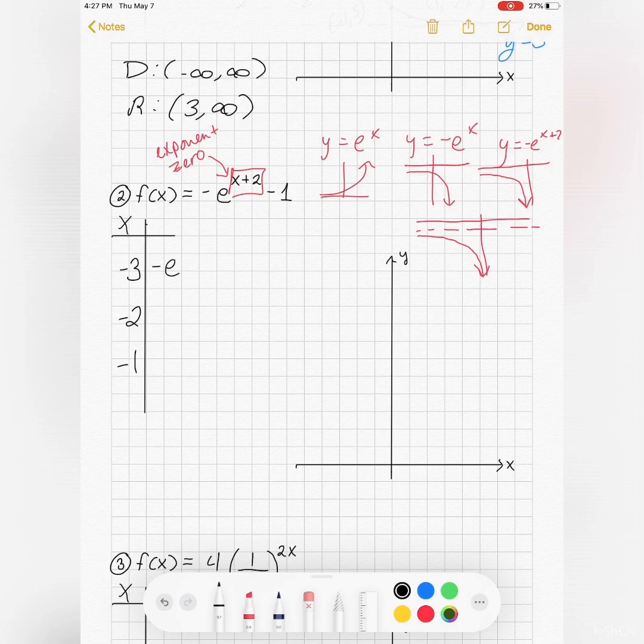So let's see, I'll have negative e to the -3 plus 2 minus 1. So that's, I need to make some more room, 1 over e minus 1. So that's like around 1/3 minus 1. So like -2/3-ish.